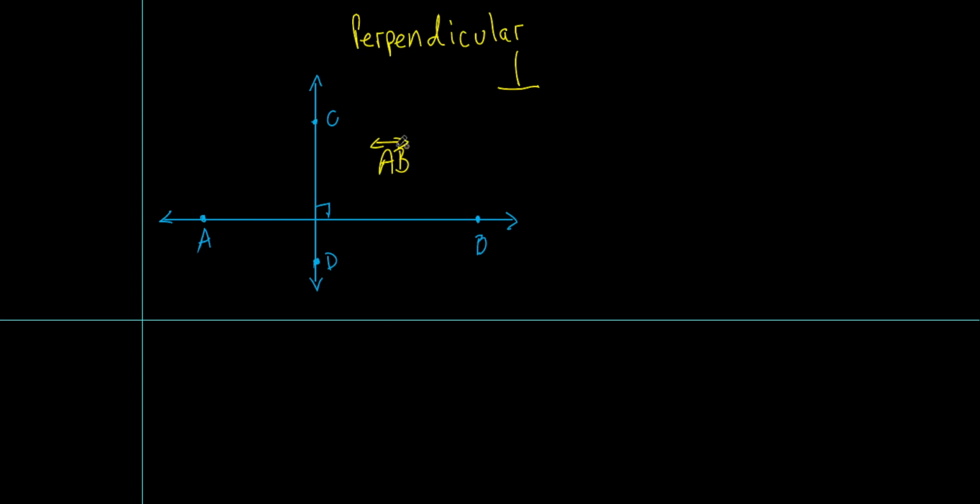Line AB, you've got to put the arrows on there, is perpendicular to, put the perpendicular symbol that we just learned, line CD. That's how you would write it. I don't know if it's a quiz question or not, but if I did ask you to write this situation, this is how you'd write it. Line AB is perpendicular to line CD.